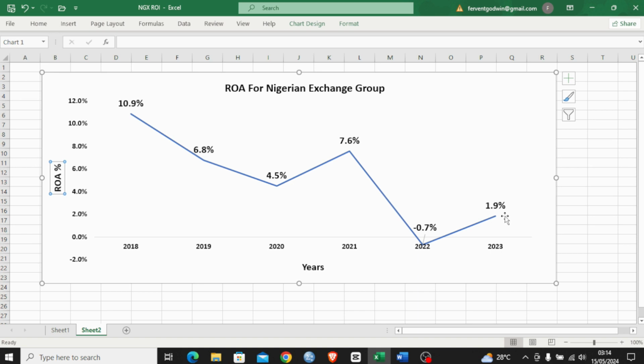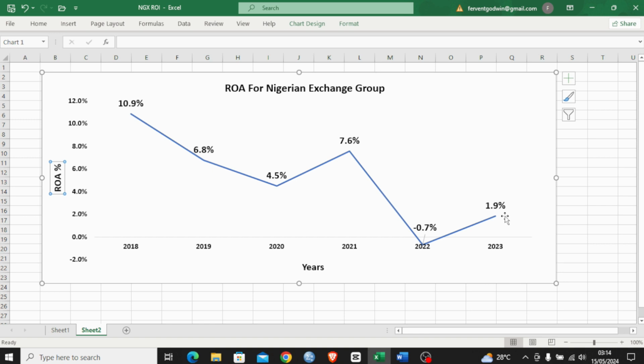And I did mention that NGX Group is actually a company that lists other firms. It's a body that lists other firms where people can invest and buy shares and securities. So like I was saying, it provides insight into how effective the managers are using the assets of the company.